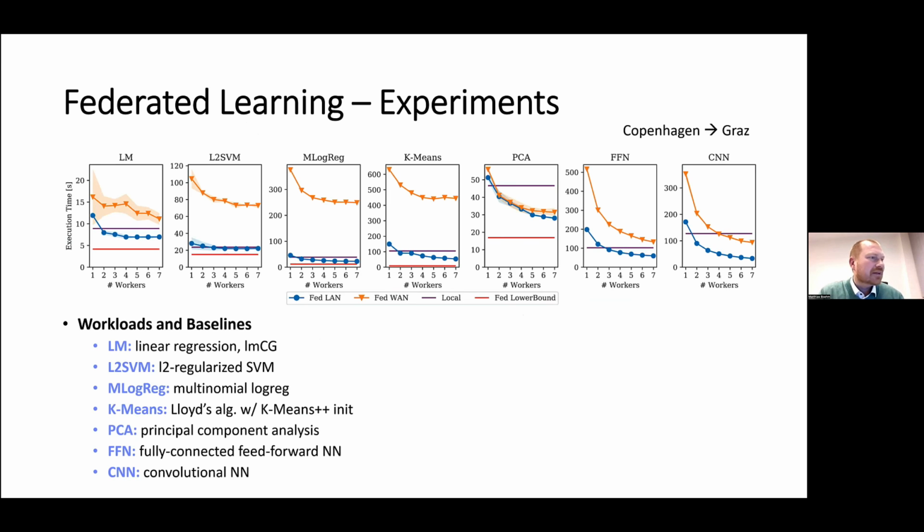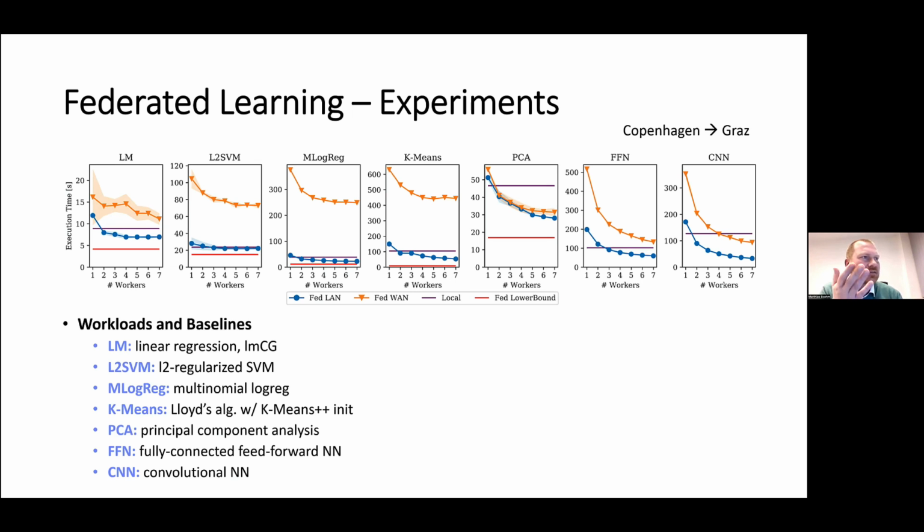We compared against local operations as the lower bound, to see how much overhead there is, and varied the number of workers. What we see is that both in a local LAN and in this wide area network, Copenhagen to Graz, the overhead is very moderate, and with that, federated learning is very practical.